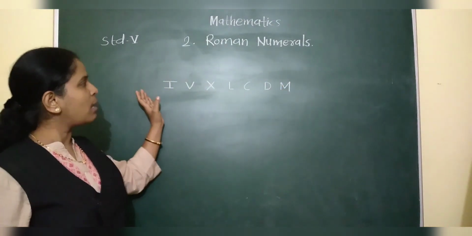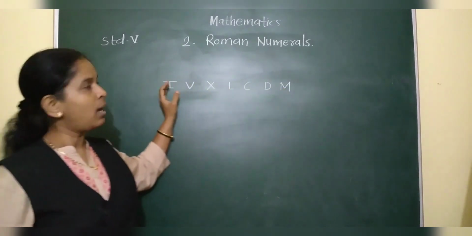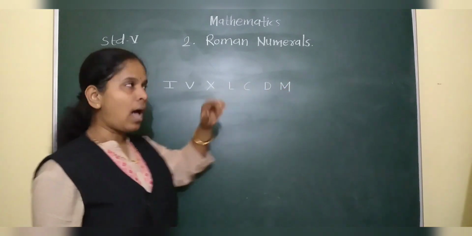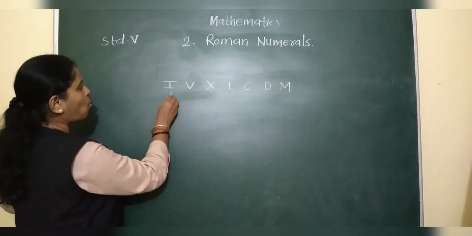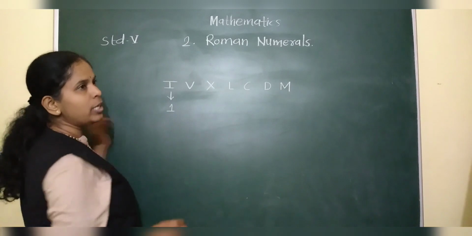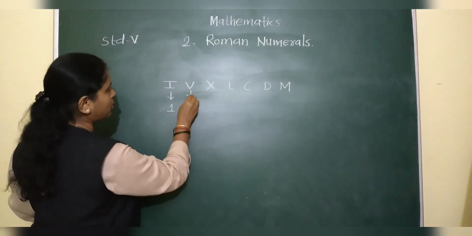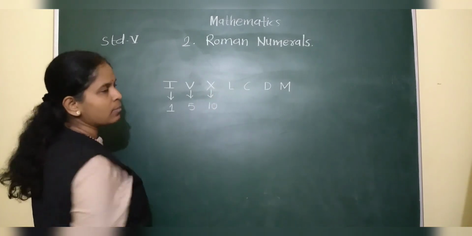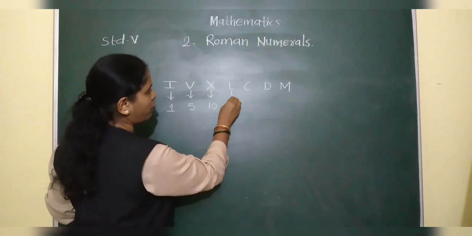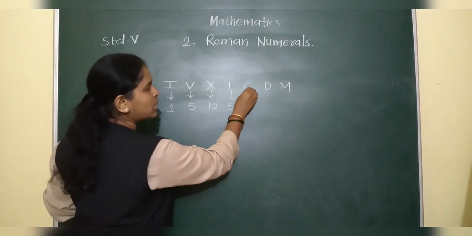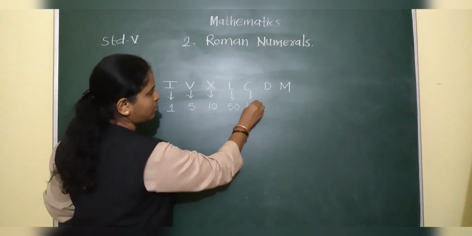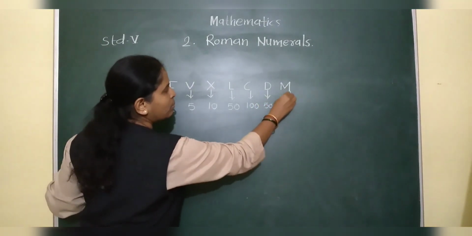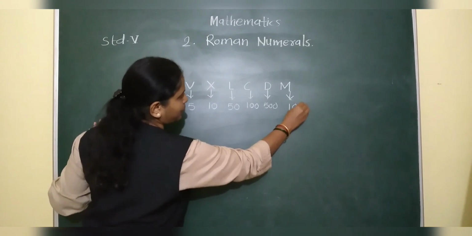All Roman numerals are based on these symbols only: I, V, X, L, C, D, M, where I stands for 1, V stands for 5, X stands for 10, L stands for 50, C stands for 100, D stands for 500, and M stands for 1000.